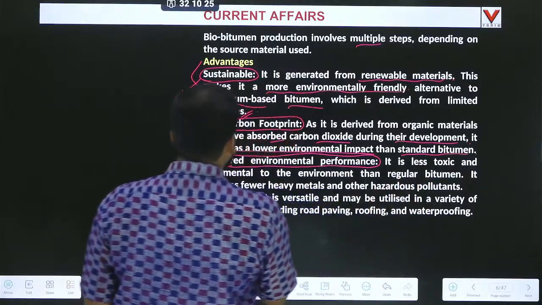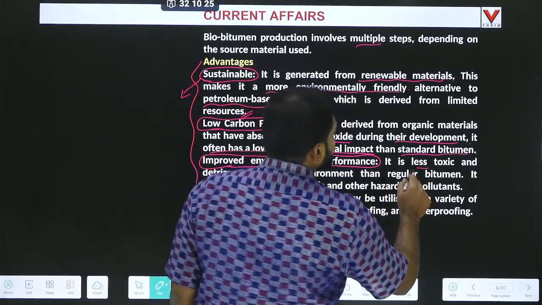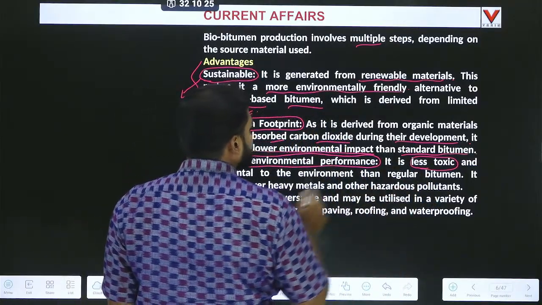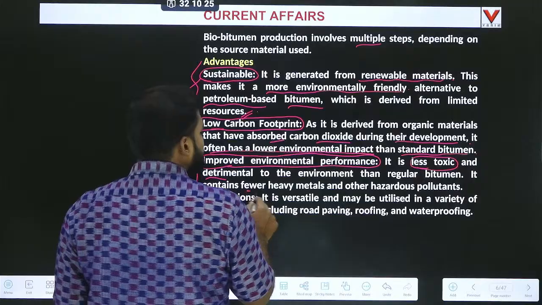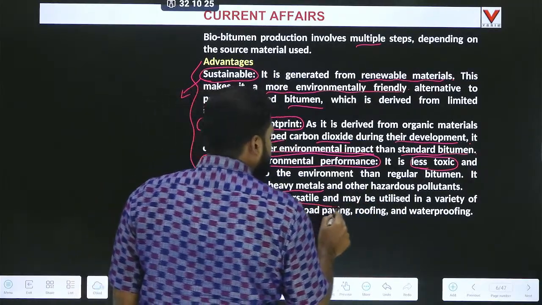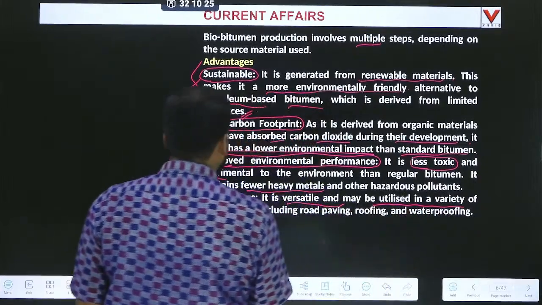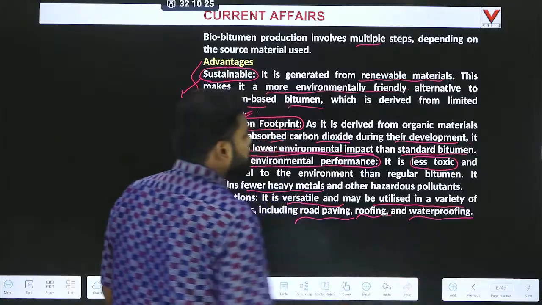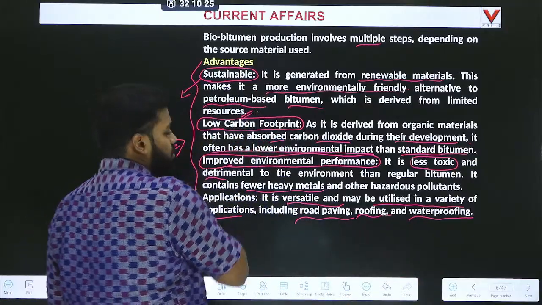It is less toxic and detrimental to the environment than regular bitumen, because it is biological in nature. It contains fewer heavy metals and other hazardous pollutants. Applications: it is versatile and may be utilized in a variety of applications, including road paving, roofing and waterproofing. These are the details you have to remember.